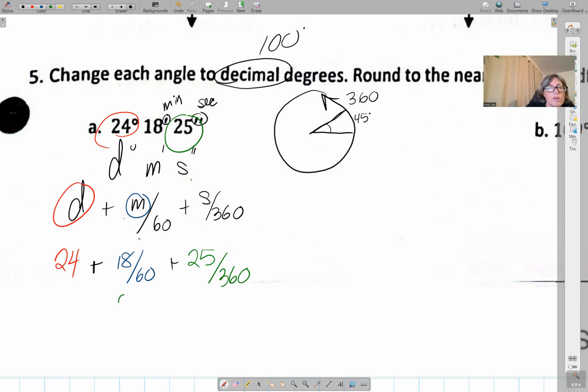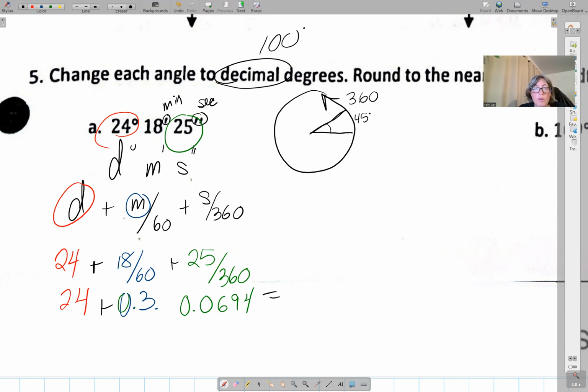And that's going to be 0.3. And 25 divided by 3600. And that's going to be 0.0694. And then 24. And then you simply add all these up.